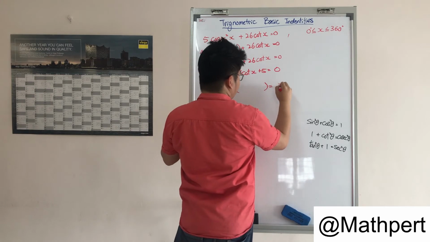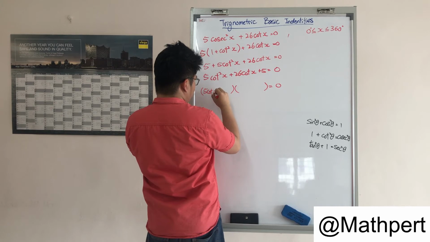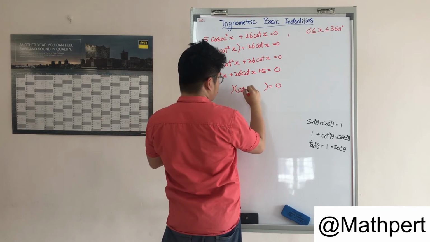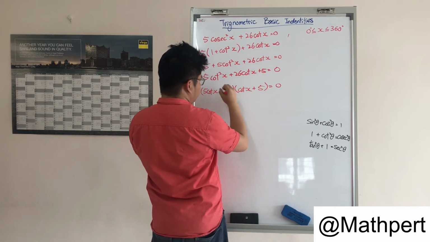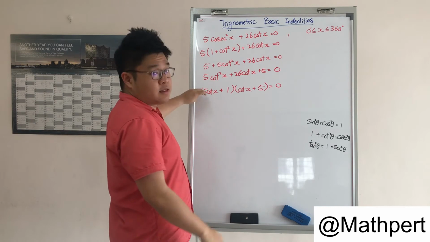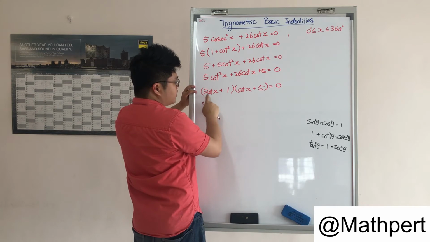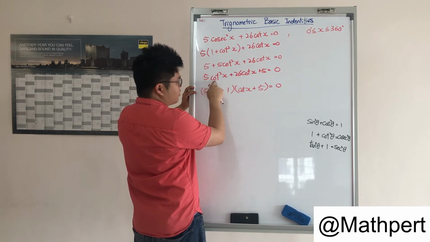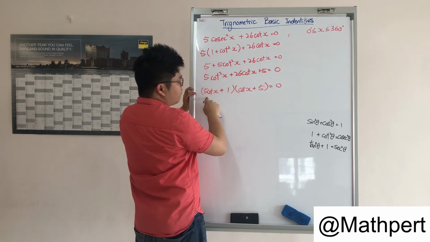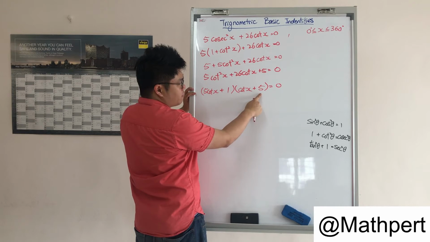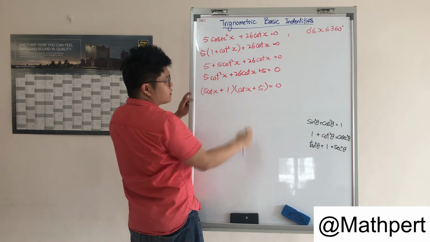So we can factorize it: (5 cotangent x plus 1)(cotangent x plus 5). Let's check: 5 cotangent x times cotangent x gives 5 cotangent square x, 1 times 5 gives 5, 5 cotangent x times 5 gives 25 cotangent x, plus 1 cotangent x gives 26 cotangent x.